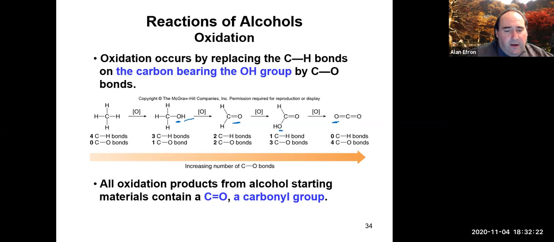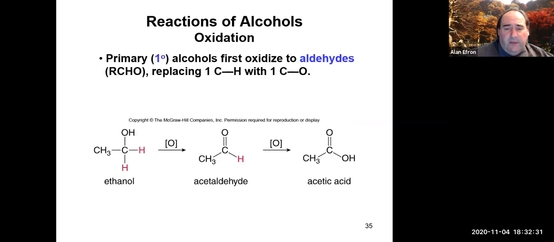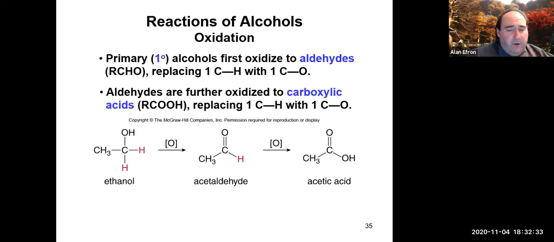Now, depending on the type of alcohol you're dealing with depends on pretty much what you will make. So let's talk about what happens with our primary alcohol. Here in our primary alcohol, we're going to remove the H from the OH, H from the carbon. That will give us our H2.